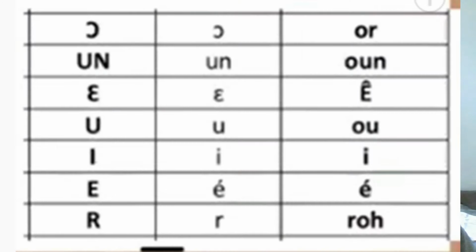In the fourth batch, the first letter is a half O written only, but in capital and lowercase, and the pronunciation is O. The next letter in the fourth batch is U and N together, both in capital and lowercase, and the pronunciation is mm.